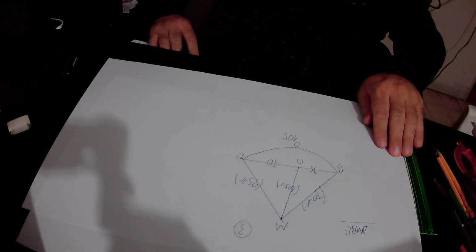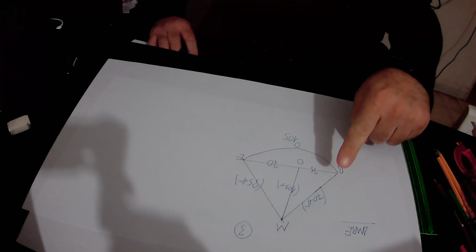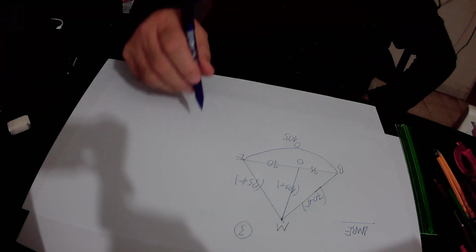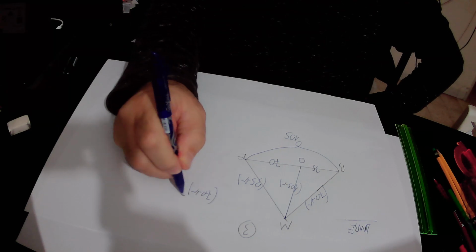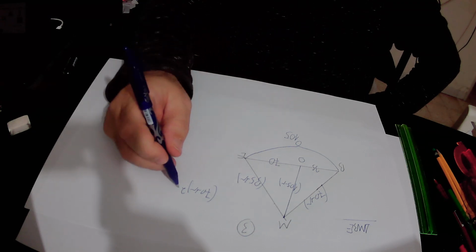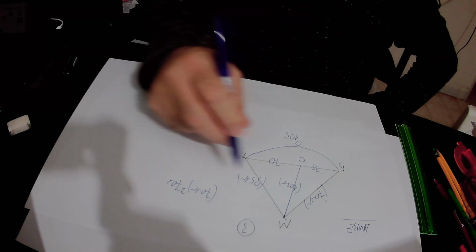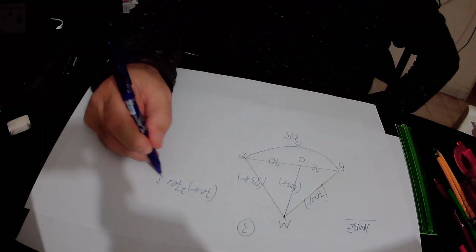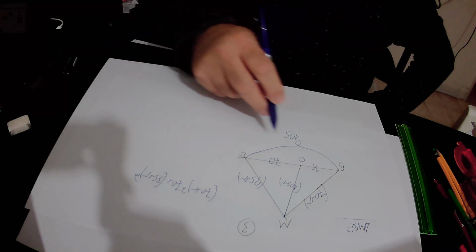So according to Stewart's theorem, BM squared times OE, BM squared is (70 plus r) squared times OE, that is 70, plus ME squared times BO. ME is 35 plus r, therefore ME squared is (35 plus r) squared times BO.